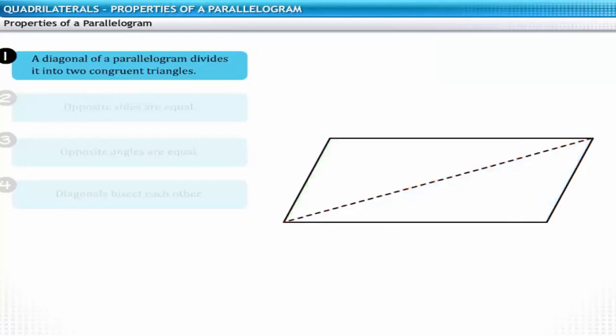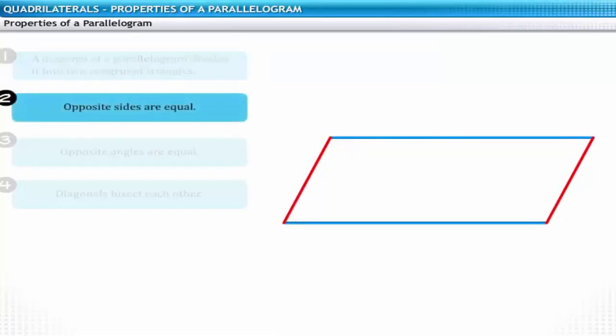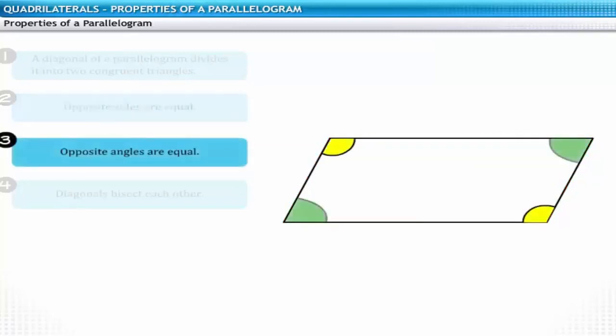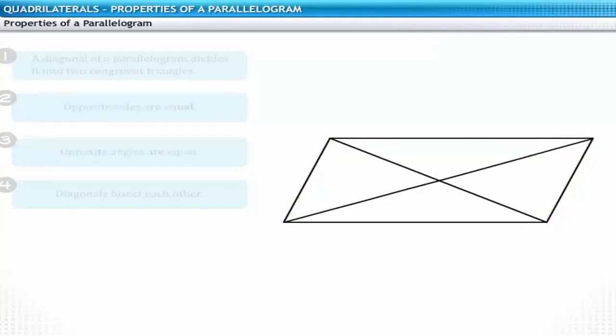Since the triangles are congruent, their corresponding sides and angles are equal. Thus, we conclude that in a parallelogram, opposite sides are equal and opposite angles are equal. Let's now join its other two vertices.